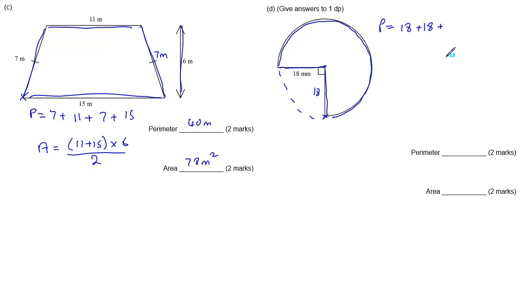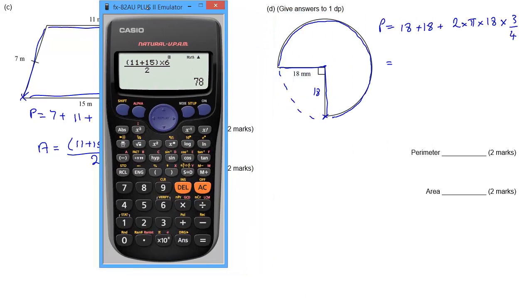Circumference of a circle is 2 pi r, so I've got 2 times pi times the radius, and then we want 3/4 of that because we've got 3/4 of a circle, not a whole one. So we need to calculate that.